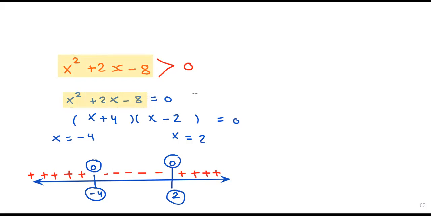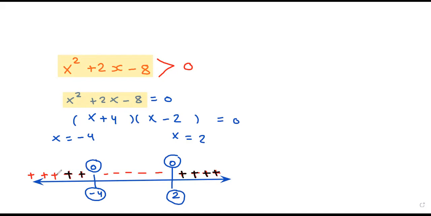The values which make the expression equal 0 are minus 4 and 2. If you take a value more than 2, you will find that the value of the expression is positive.